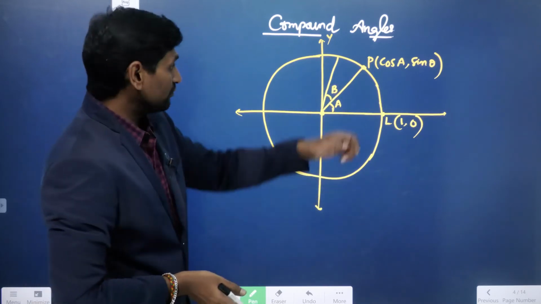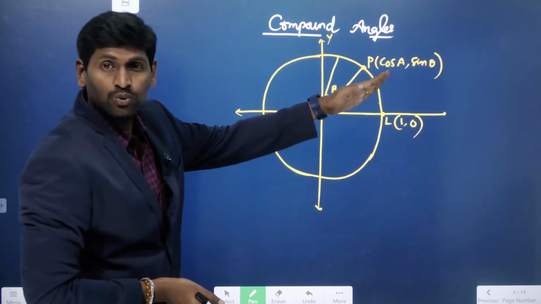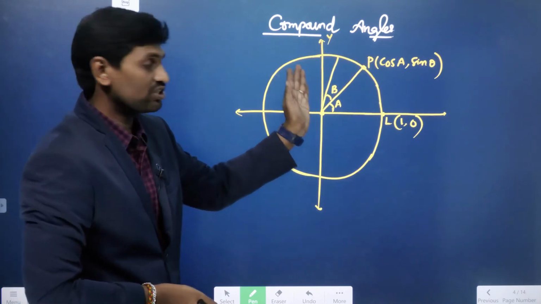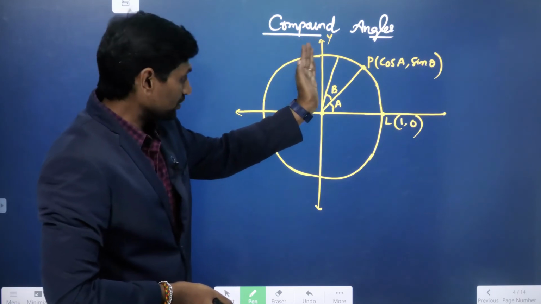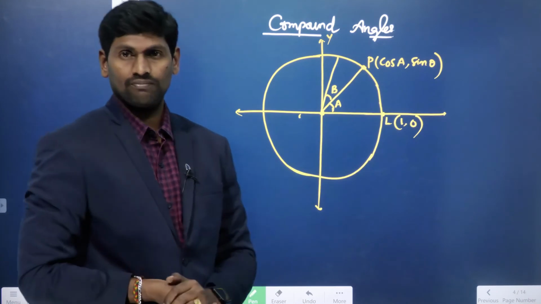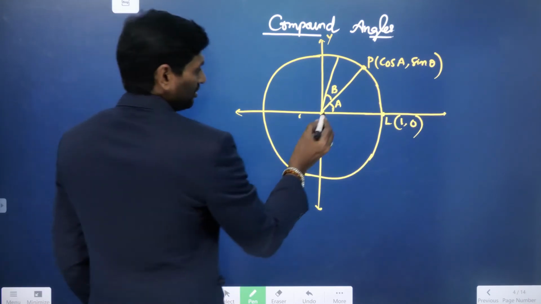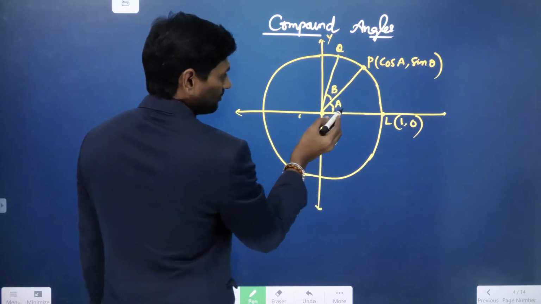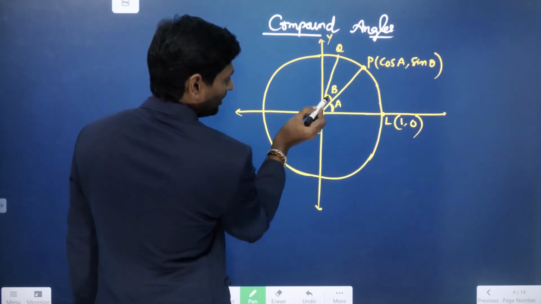You know already, if the rotating ray is moving in the anti-clockwise direction, the angle will be positive. If it is going in the clockwise direction, the angle will be negative. So from here to here, the total angle is A plus B. That means A here and B here in total.